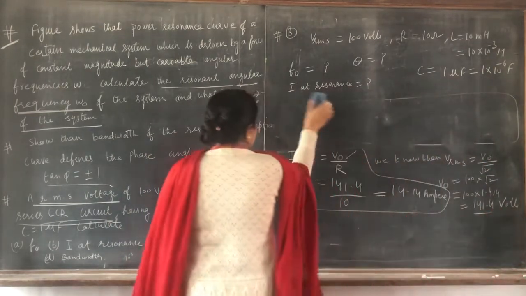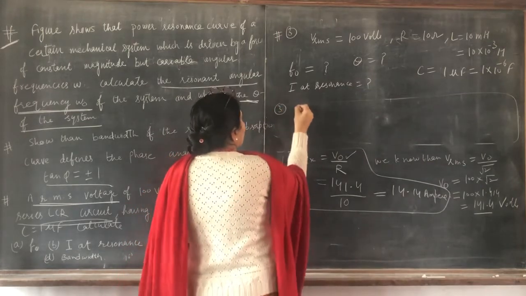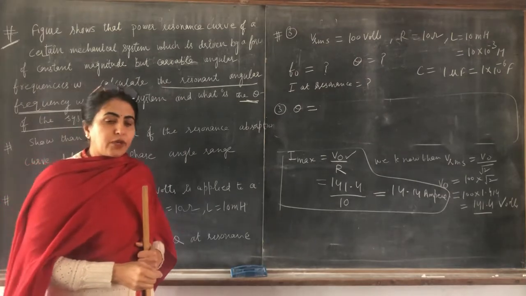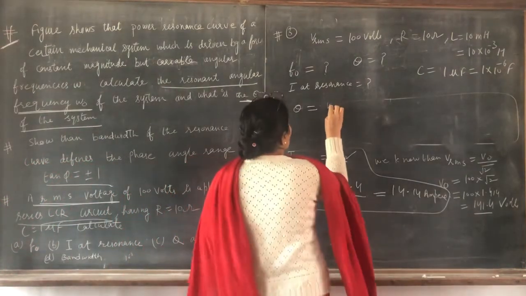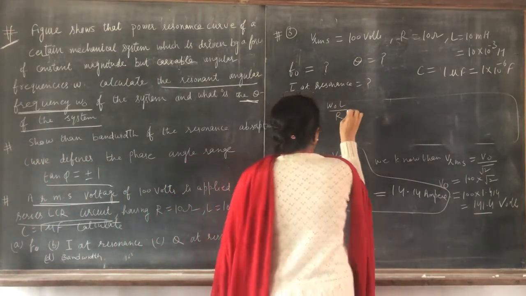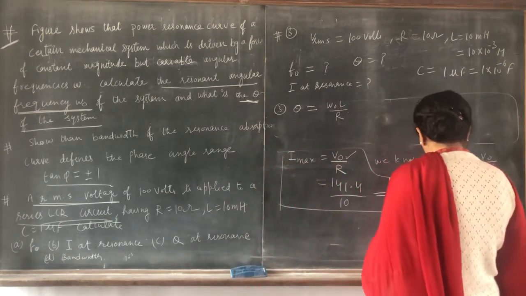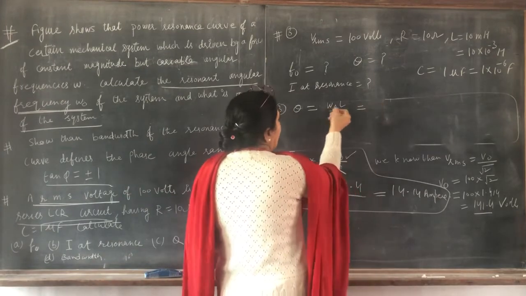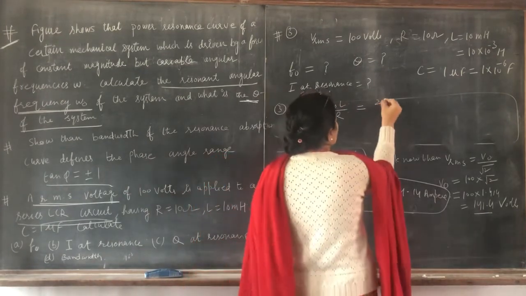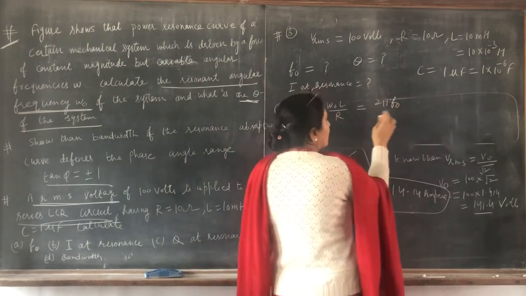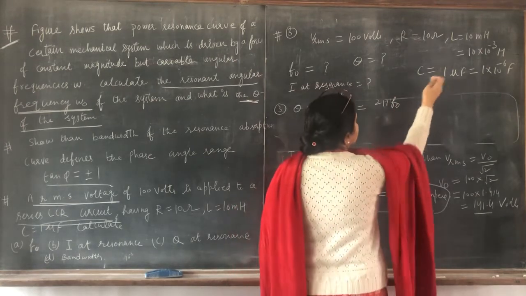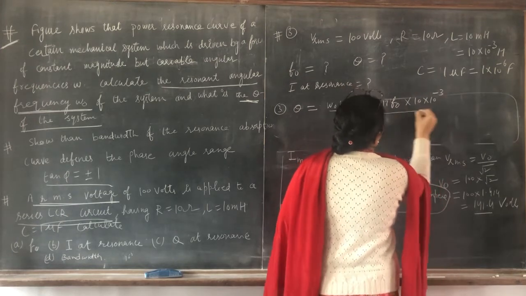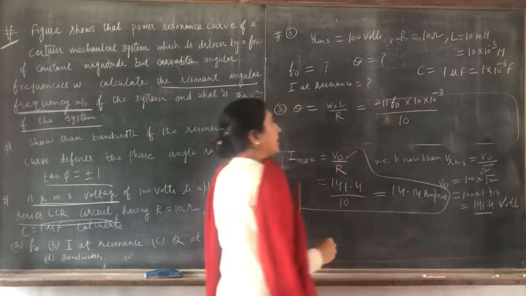We have derived the relationship of Q, and Q is equal to omega naught L by R. Put the values: omega naught is 2 pi F naught, F naught we have found out, that is 1592, L is 10 into 10 raised to power minus 3, upon R, and R is equal to 10.